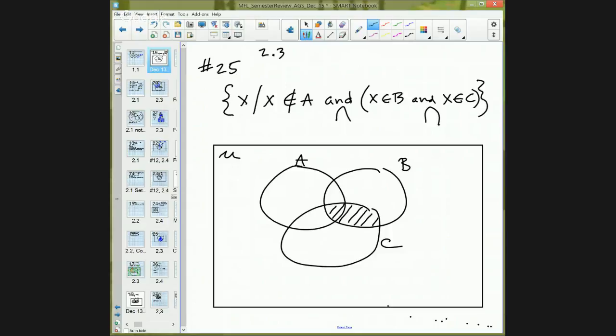Okay, so we've got that part done. Now that black shading I just did, we also need to overlap, but this time with what? Everything that's outside of A. So where's outside of A? Let me sketch that as well as I can here. I'll do red, so outside of A with red.